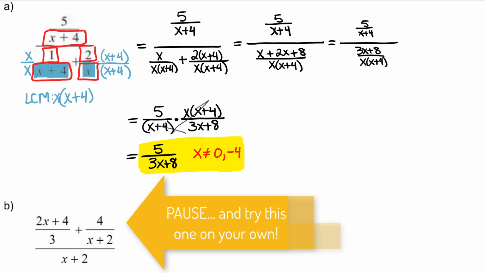Remember that the denominator of x plus 2 could always be written as x plus 2 over 1.